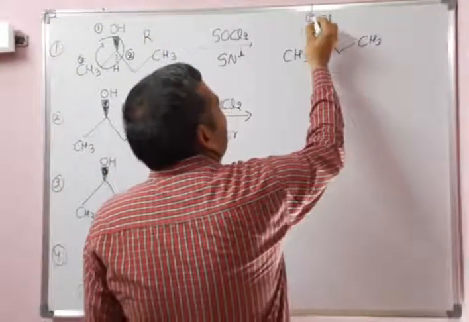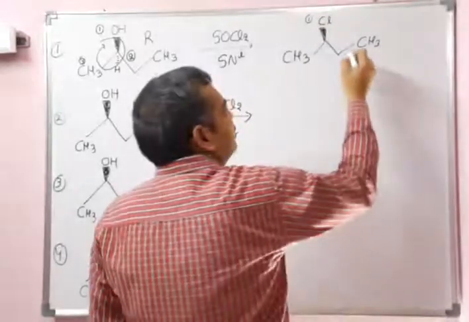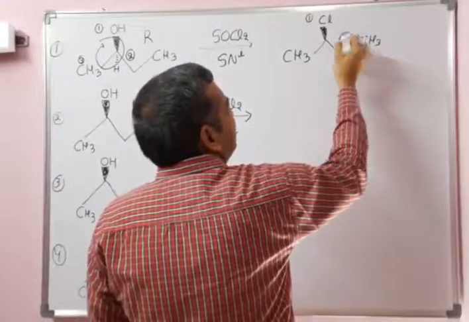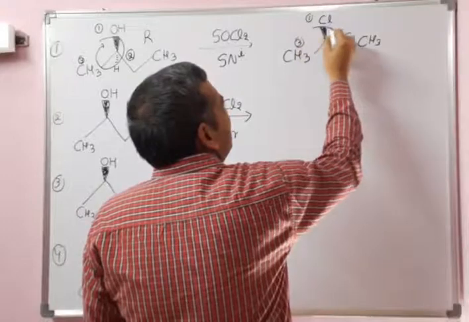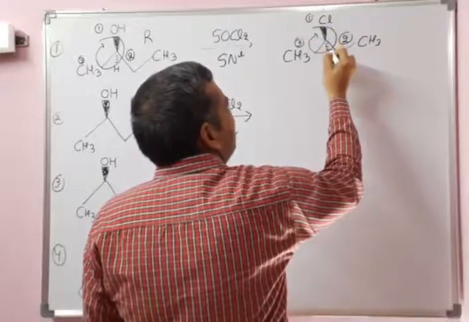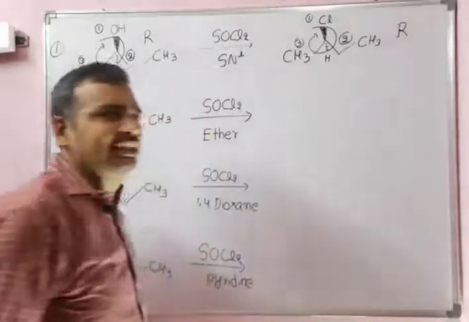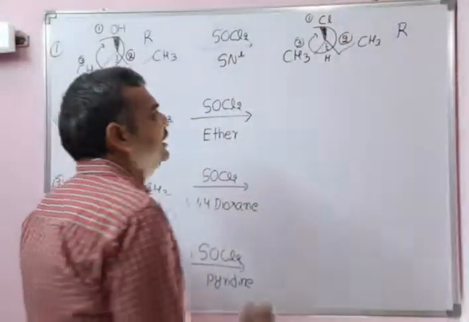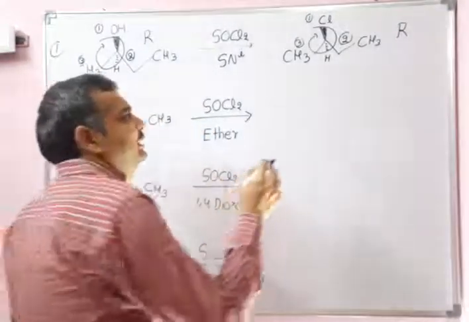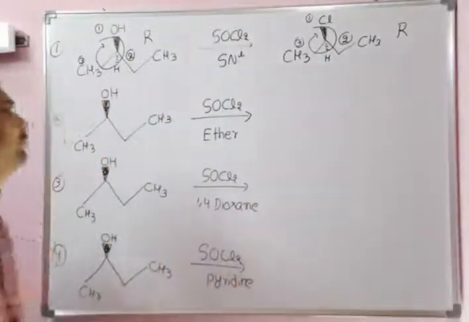In the product, first priority is chlorine, as its atomic weight is more, second priority is the ethyl group, third priority is the methyl group. The least priority, hydrogen, is below the plane, clockwise direction, R to R, retention of the configuration. That means SNi reaction, retention of the configuration.